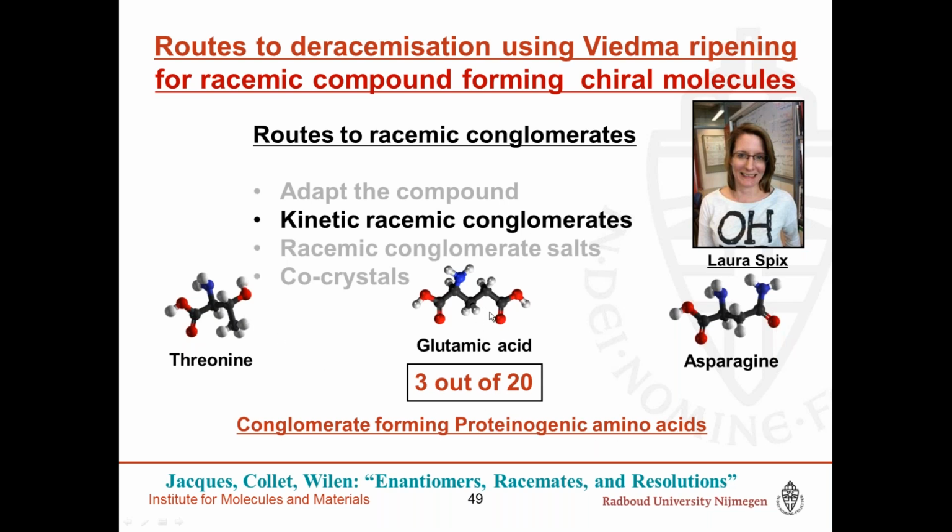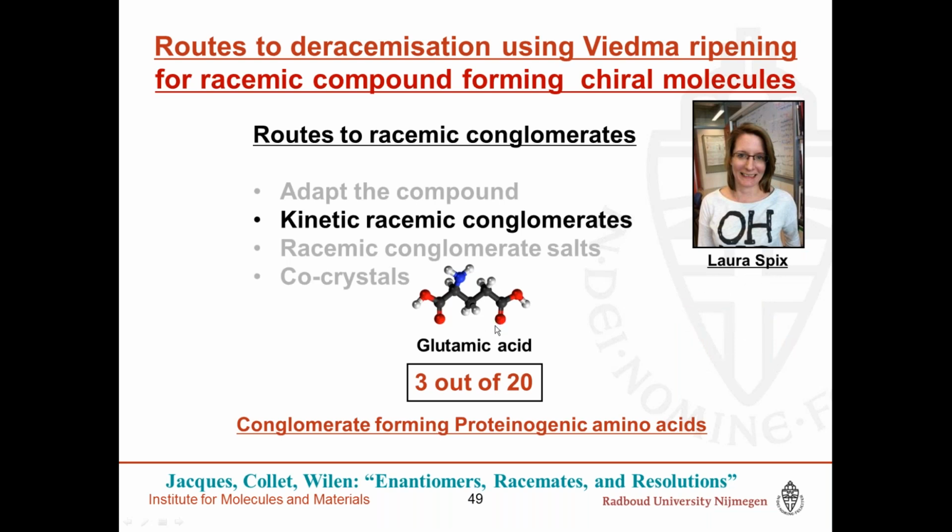And there are only 3 which are claimed to be conglomerate forming. One of them is threonine, but that one is not very attractive because it's a diastereomer, and we had not so much experience with diastereomers in Viedma ripening in those days. Nowadays we have. Asparagine was claimed to be a racemic conglomerate, but turned out to be not. It is a racemic compound.